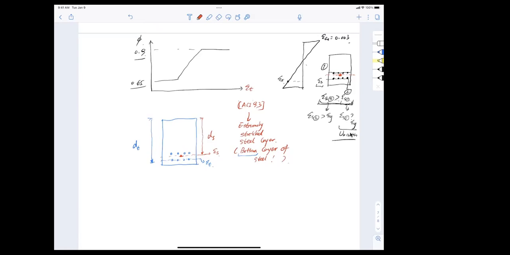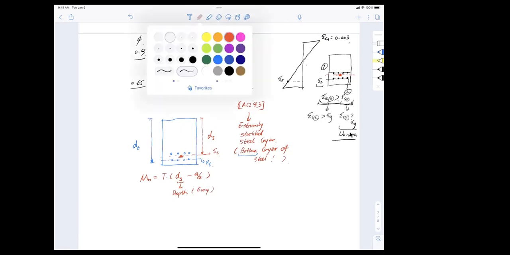When you calculate moment Mn, I want to use color match, you see that it is ds minus half a. You use the depth, and I call it depth s, in brackets group, because that is in terms of the center of the group of the bars.